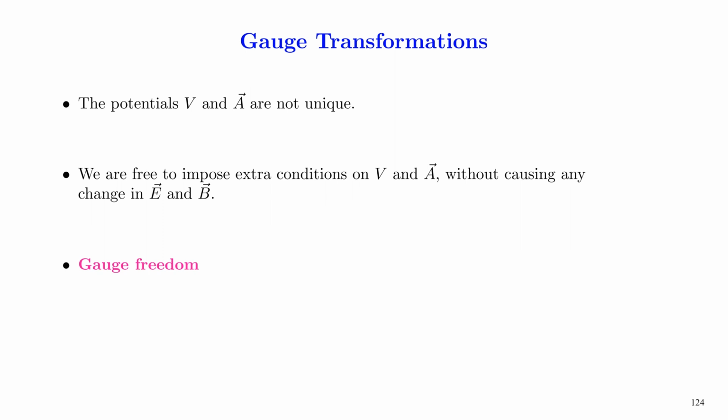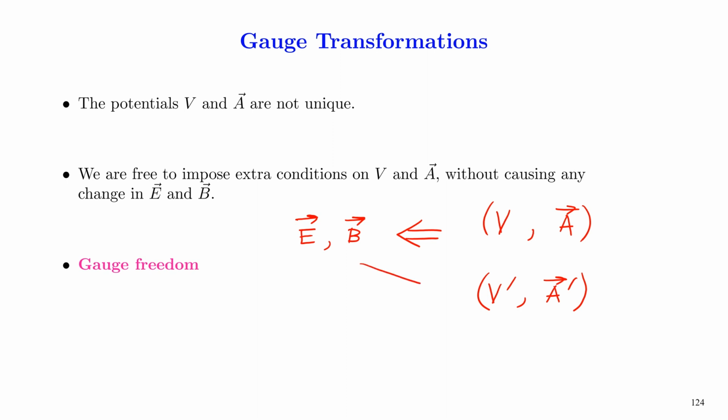That means that we are free to impose some extra conditions on V and A without causing any change in E and B. That is, if we have a scalar potential V and a vector potential A, which will result in a set of E and B, we can very well have another set of V and A, which we denote as V prime and A prime, that can again yield the same E and B. We can find a connection between V and V dash, a connection between A and A dash, and this is known as the gauge freedom, or the process is known as gauge transformation.